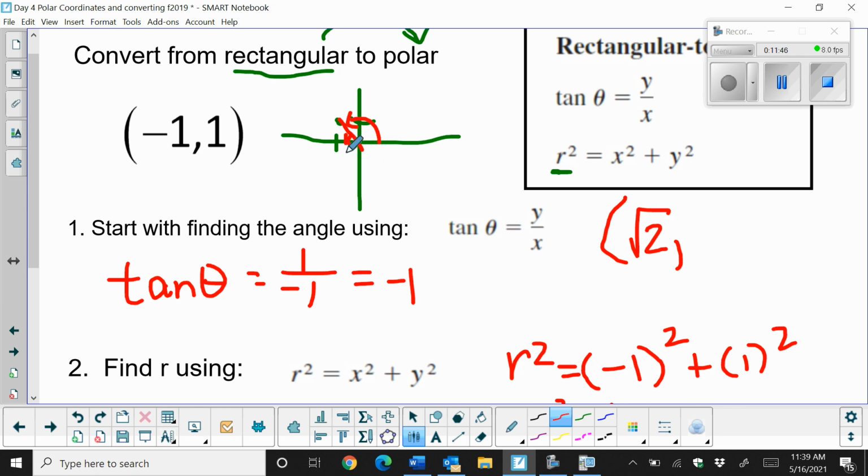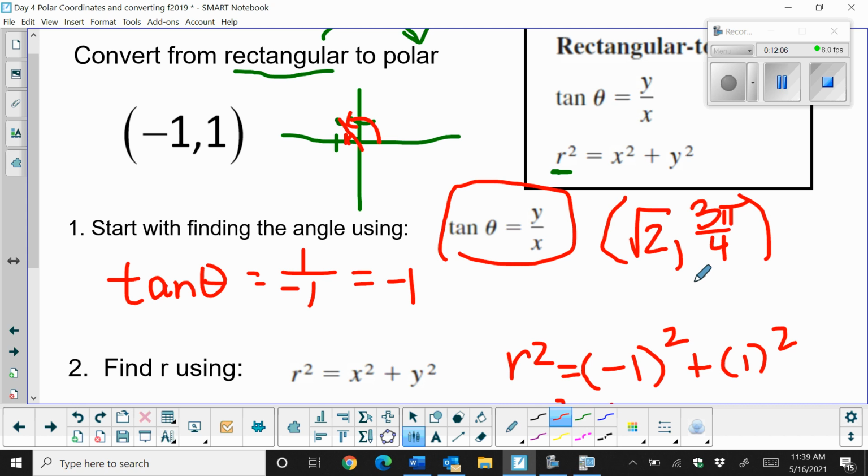Well, if you have a reference angle of 45 degrees, we know that rotation is 135, which we write in radians as 3π/4. Now, you may have recognized that before we even put it in the calculator. You don't have to use this formula.